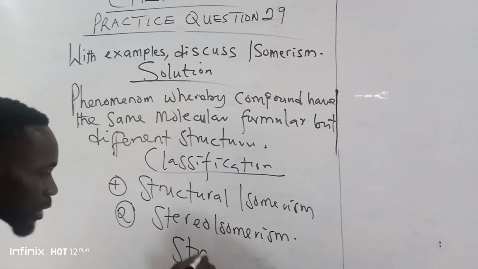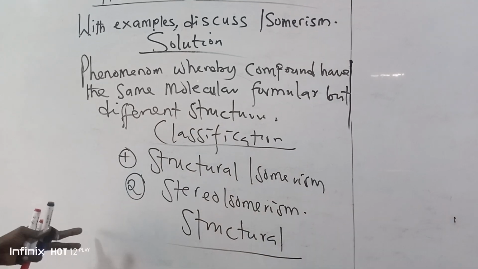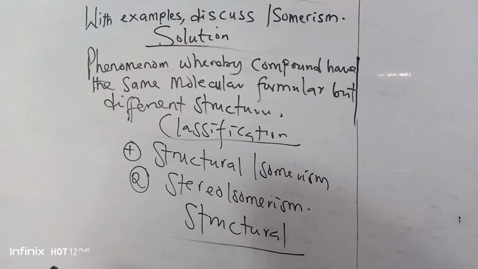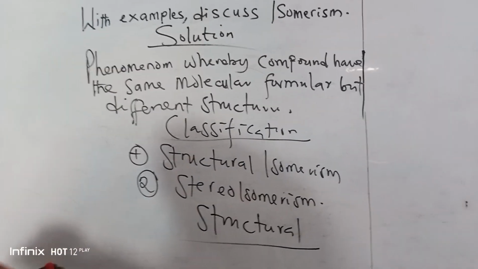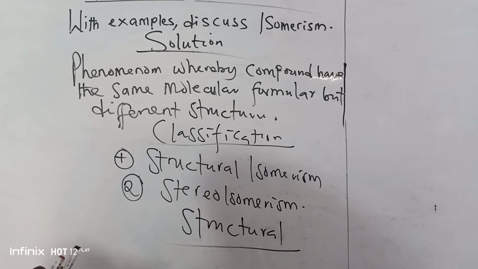In structural isomerism, compounds have the same molecular formula, but the arrangement of the carbon chain within the molecules is different.